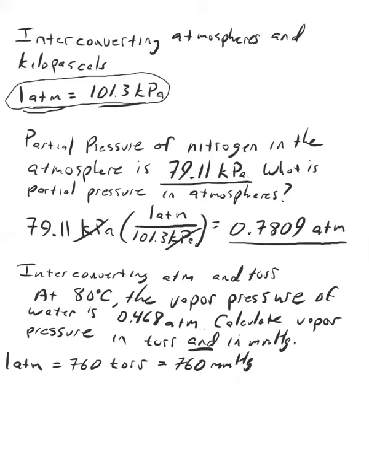So once you get one of them, you've got the other one too. So 0.468 atmosphere. We want to have it in torr, so we'll put the torr in the numerator and atmosphere in the denominator. So what do you got? 0.468 times 760.